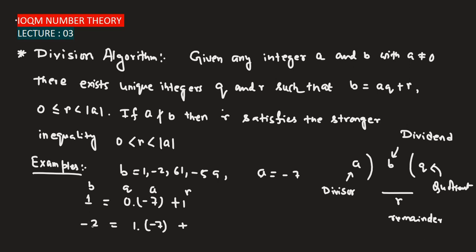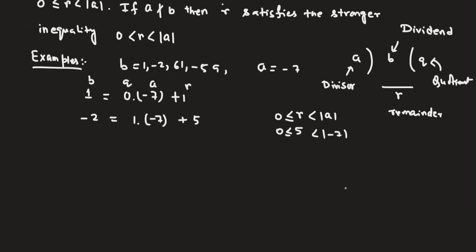But we want minus 2, so here it should be 5. So it follows the inequality because our remainder is less than the divisor and greater than or equal to 0. So it cannot be numerically greater than 7.